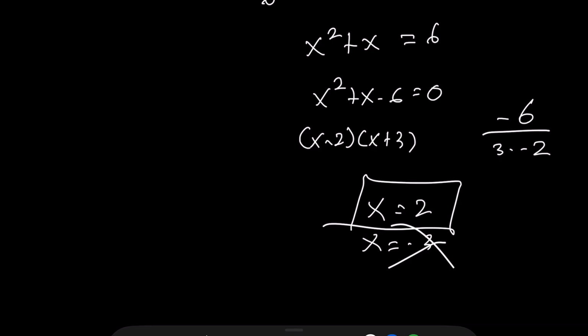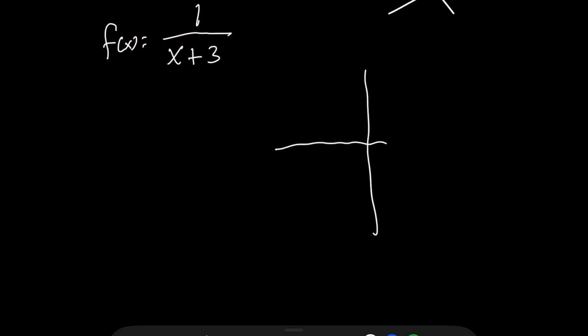And yeah, honestly, that's pretty much it for logs and exponentials, and it's not it for rational functions. Let me think of another example for rational functions. Let's graph something simple. This is the case when the horizontal asymptote is 0. And you can tell my vertical asymptote is -3.